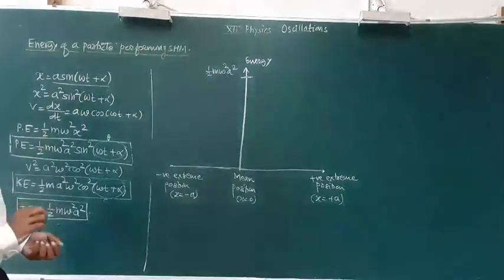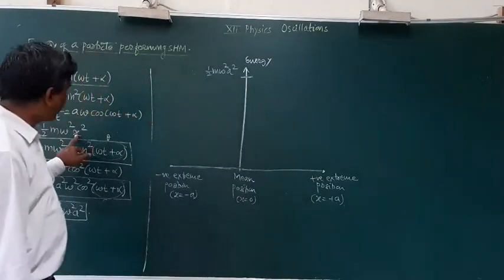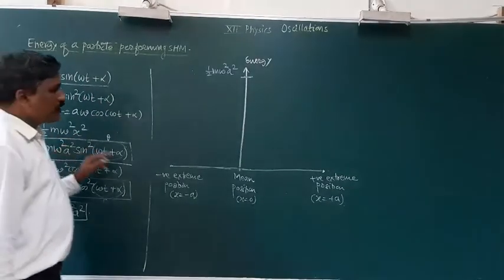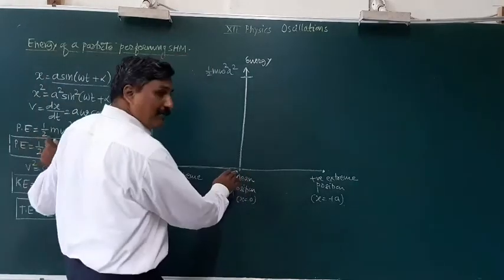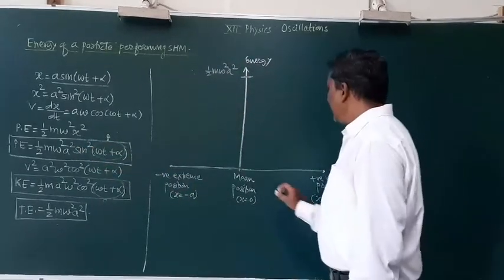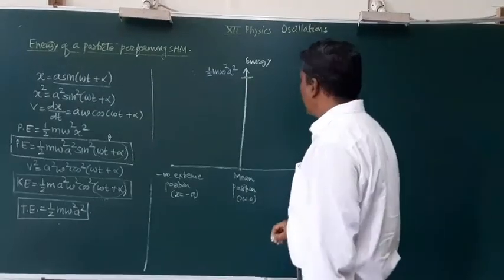Okay, now we see when the particle is at mean position. I will show it by this orange color. When the particle is at mean position, the value of displacement is 0, means the potential energy is 0 at the mean position. Okay, at extreme position, x equals a, means the potential energy becomes half m omega square, x equals plus a, so the square of that is also a square. That is the value of potential energy.